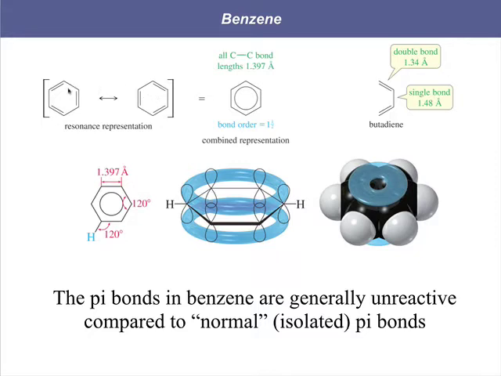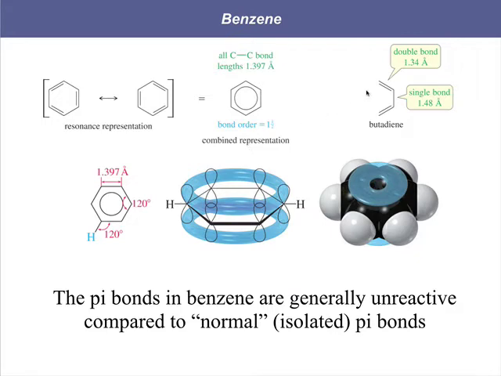They should be in all the locations, but spread out so that they're not really full double bonds, but 1.5 bonds. We just draw this circle around the ring, saying, okay, there's pi density all around this ring. And we need to just understand that it's not full double bonds. They're 1.5 bonds. That would be that combined representation of benzene.